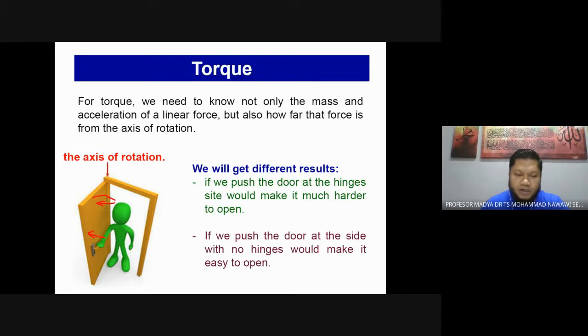Of course, it is harder to open if you push in that position, compared to pushing from that position, because of this D. If you measure and compare this D, you find that this D is greater than that D. That's why you have more torque and the door is easier to open.